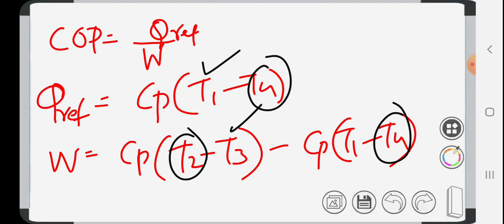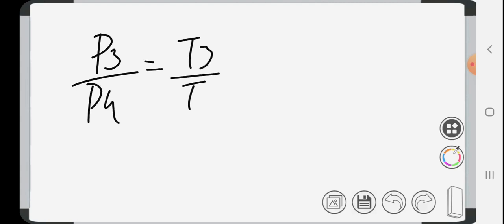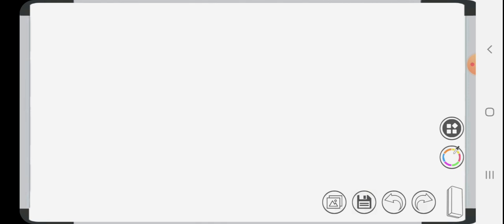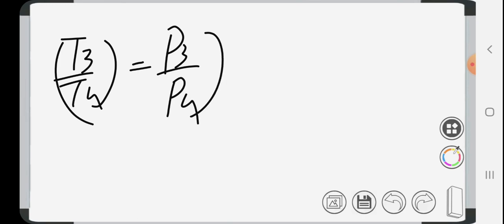They can be calculated using the adiabatic equations: T3 by T4 equals P3 by P4, with the equations for gamma.